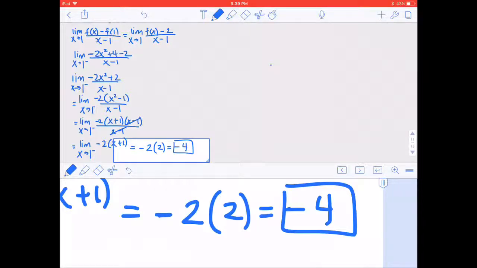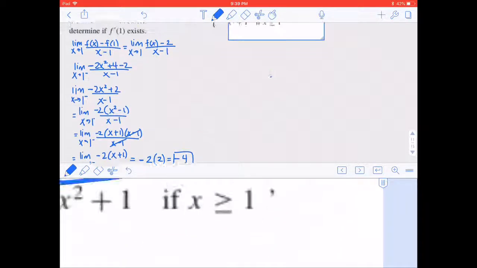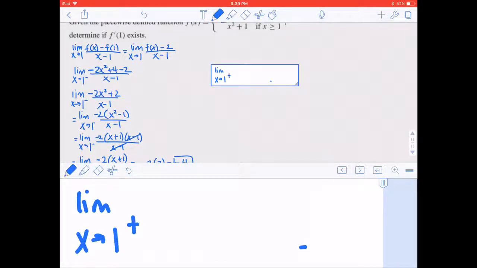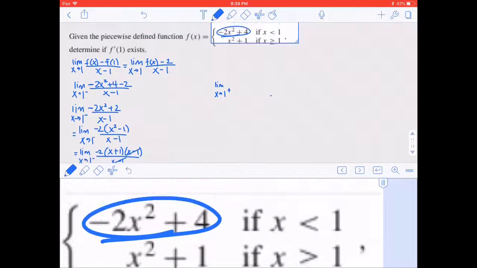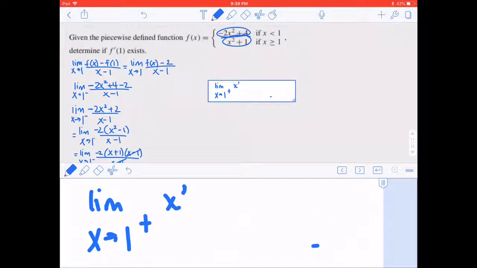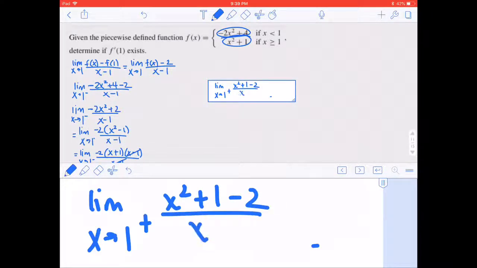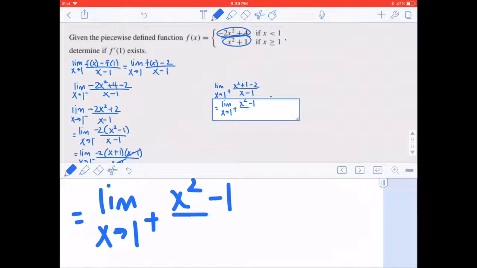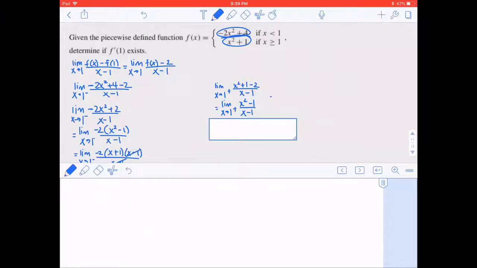Now we can find the limit from the right side. The limit as x goes to 1 from the right, and we're going to be using this x squared plus 1 as our f of x, minus 2 all over x minus 1. This will simplify to x squared minus 1 over x minus 1.